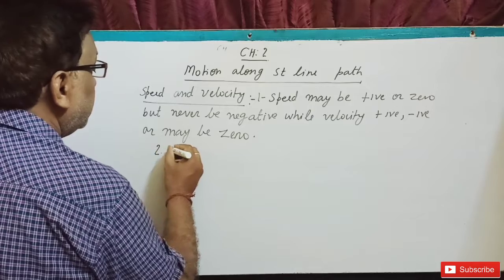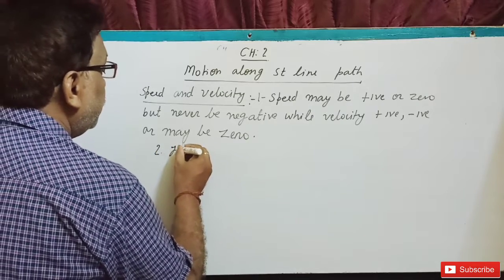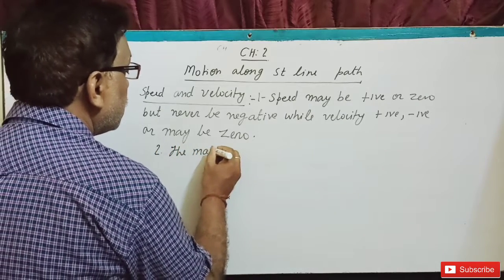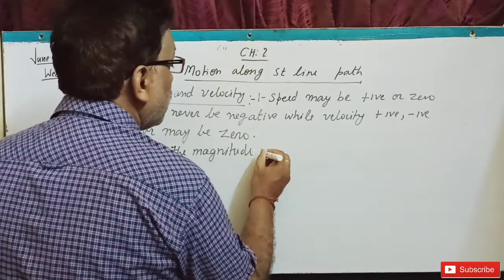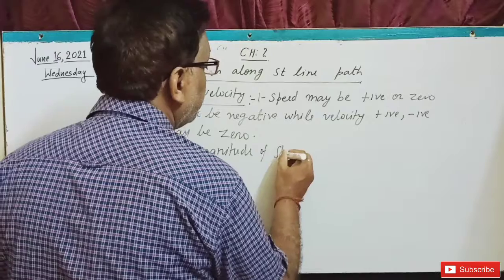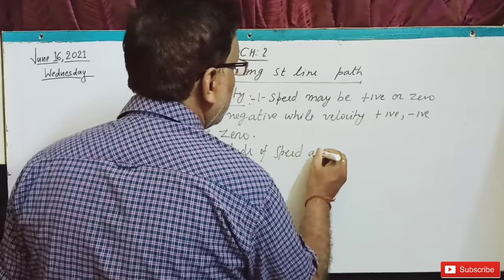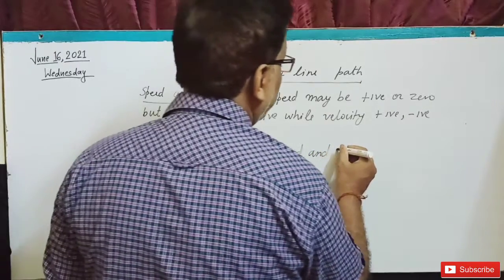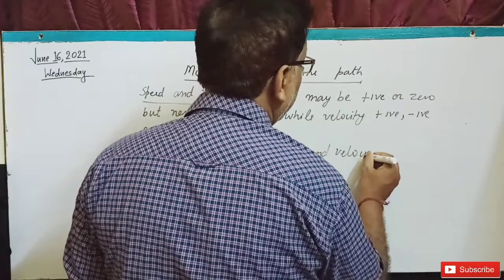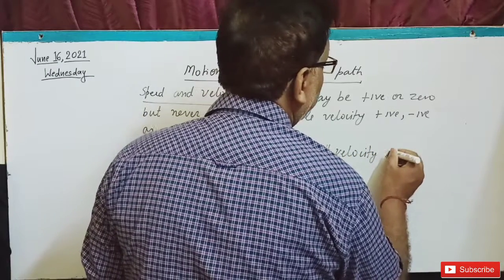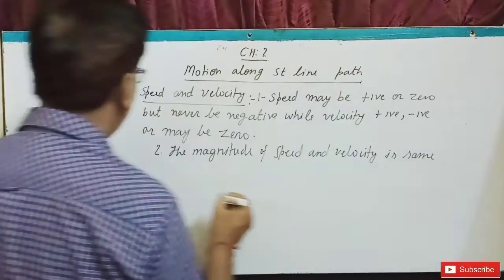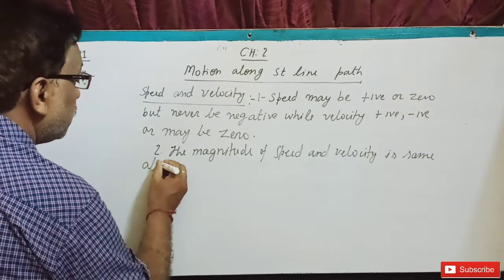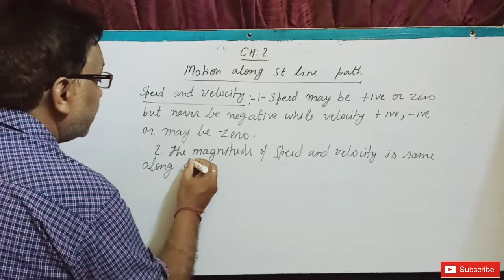The second, the magnitude of speed and velocity is the same along a straight line path.